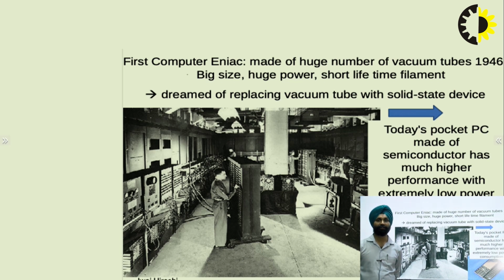The storage capacity per unit area was low because of the huge size of the device. The power consumption was high, and the leakage current was also high. The control of vacuum tubes was not as accurate as that of solid state devices.